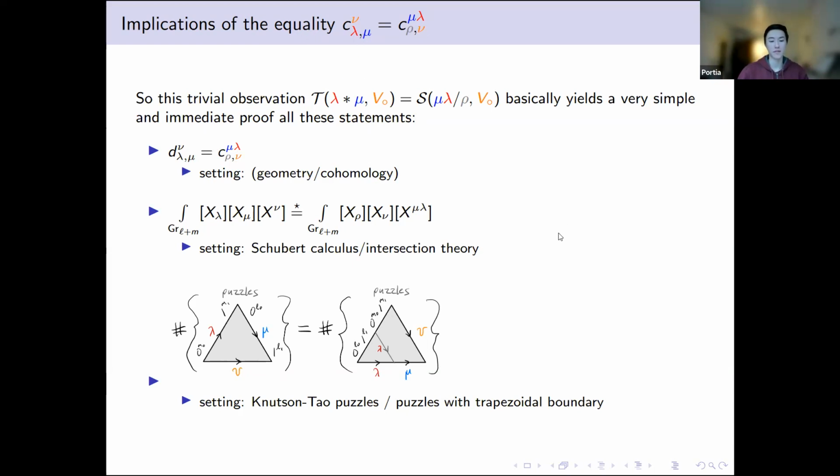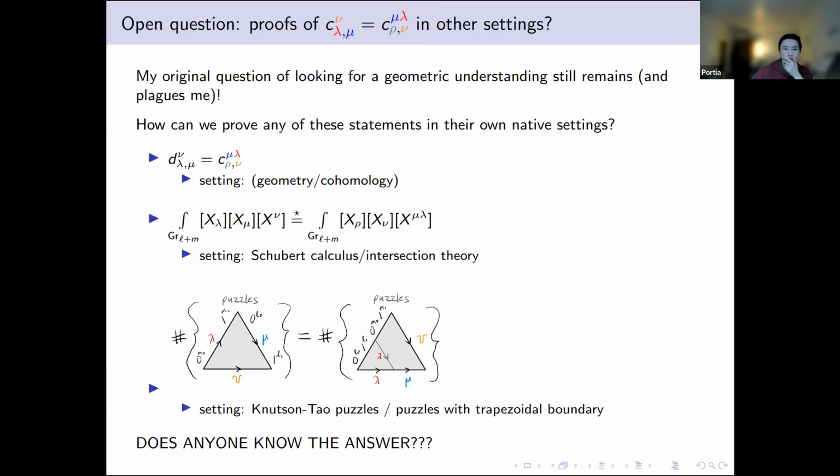That's pretty notable to me. I was pretty shocked by that. And then, the other direction still is a question, because I still haven't understood these things geometrically, and I still want to.